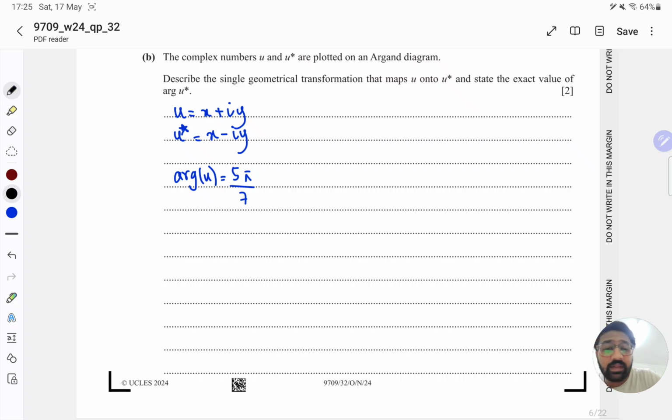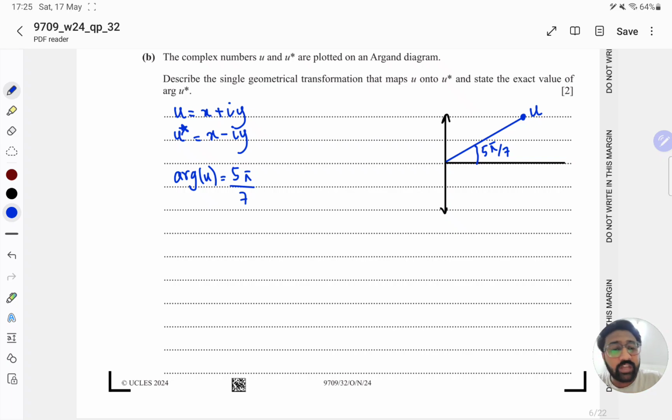Now let's make an Argand diagram over here. I know that u is going to be in the first quadrant because x and y are both positive. So for example, if this is u, the angle over here, we already know, is 5 pi by 7.